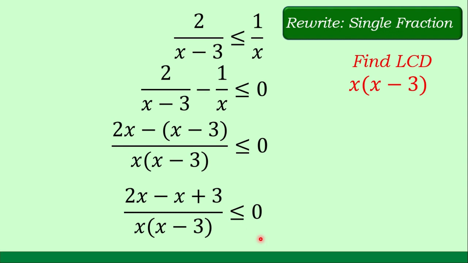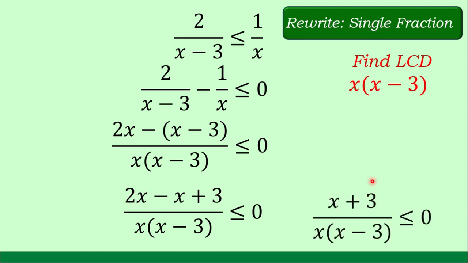Now, after that, we are going to combine like terms. We have 2x minus x, which gives x, plus 3 because I copied plus 3. So again, it's x plus 3 in the numerator divided by x times the quantity x minus 3, less than or equal to 0.